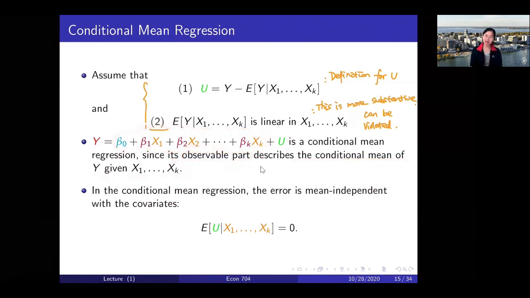Well, that is hardly surprising because u is defined to be y minus the conditional mean of y. Now, if you subtract u from y, then you get y minus u equals this linear thing. And that linear thing, according to this assumption 1, is equal to that conditional mean of y given x1 to xk. So it's not surprising at all.